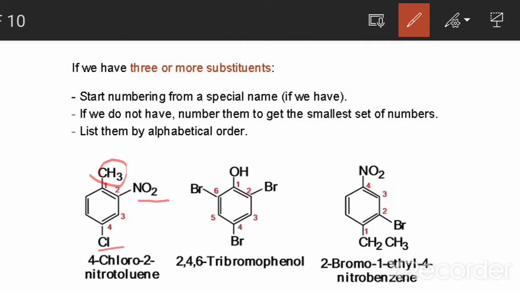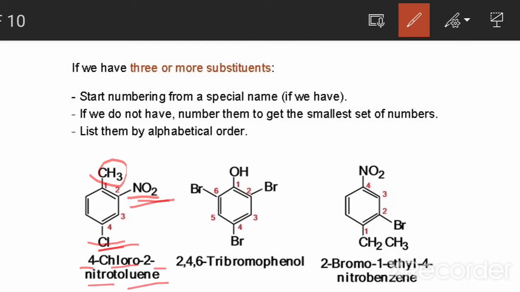So we will number them and write them in alphabetic order. Chloro, C, comes before N, nitro. We will write it as 4-chloro-2-nitrotoluene.